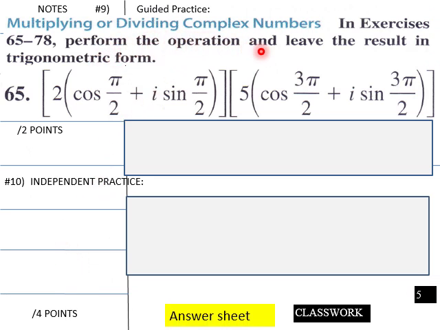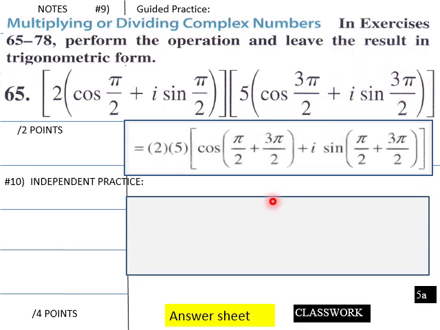Let's go into another example. Perform the operation and leave the result in trigonometric form. We have 2 times bracket cosine pi over 2 plus i sine pi over 2 bracket, and then 5 times cosine 3 pi over 2 plus i sine 3 pi over 2. So 2 times 5 is 10, times quantity cosine of pi over 2 plus 3 pi over 2, plus i sine of pi over 2 plus 3 pi over 2.